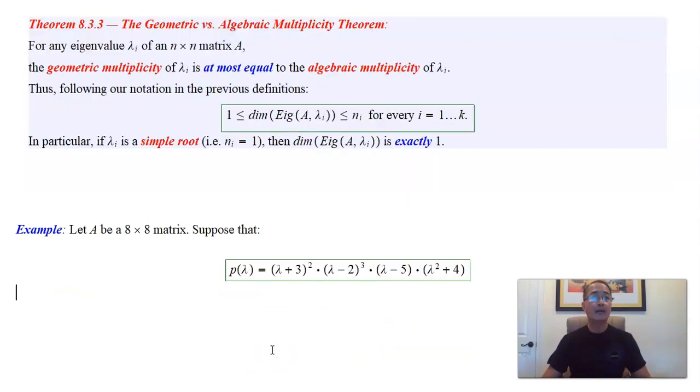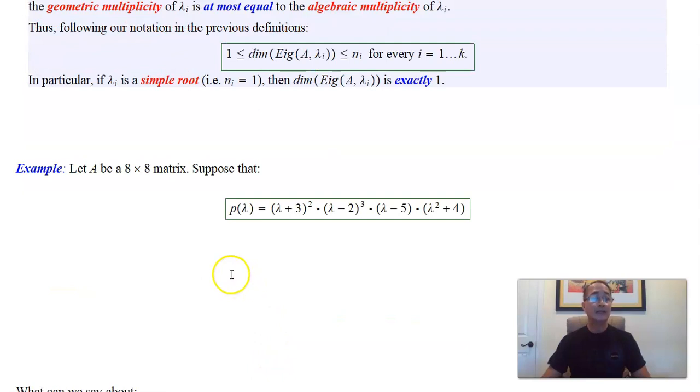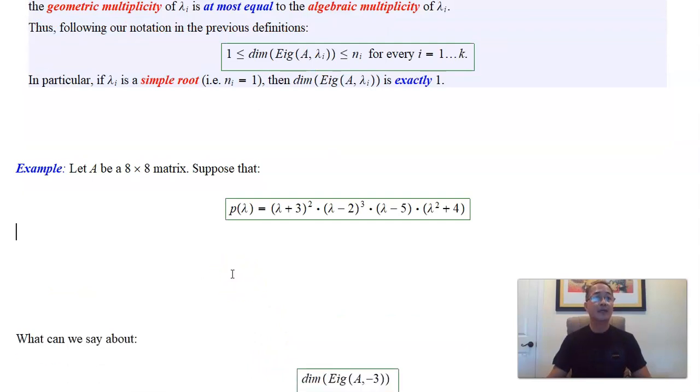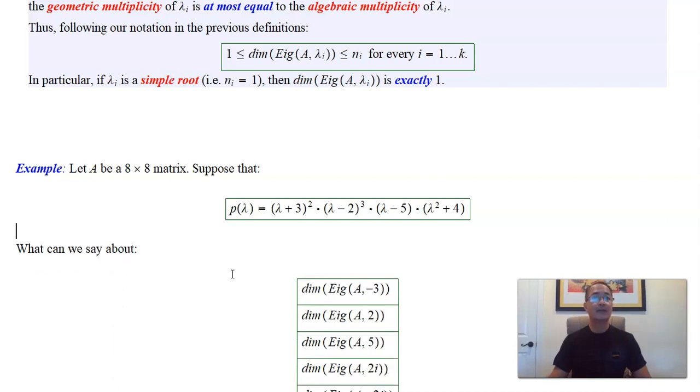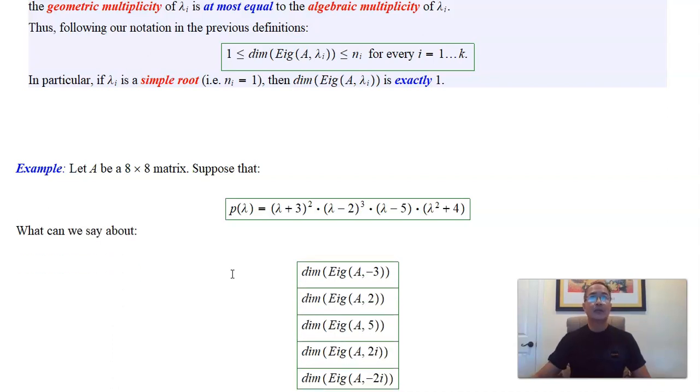Okay? So what we're going to do now is, let's see what this theorem says about the dimensions of these eigenspaces. Okay, so I have prepared our notation, of course. Our eigenvalues are -3, +2, 5. And for lambda squared plus 4, that doesn't factor over the real numbers.